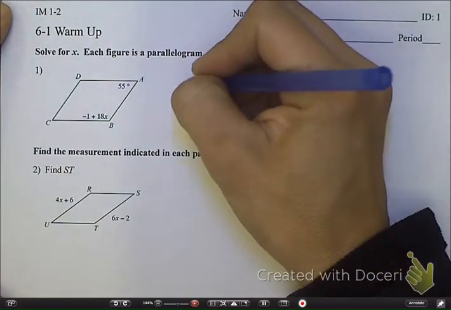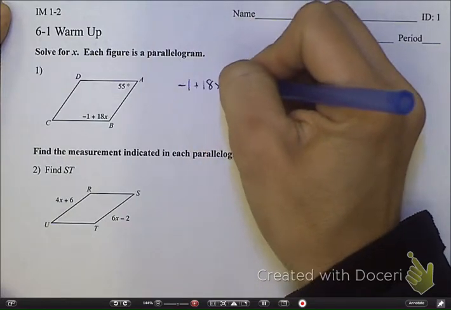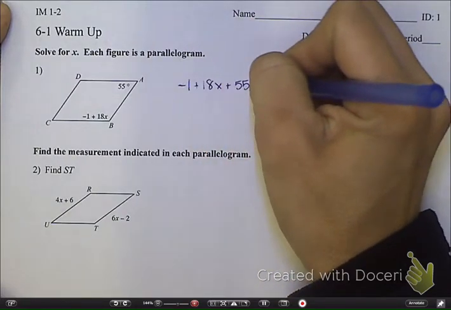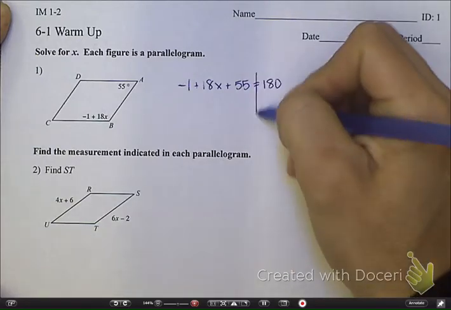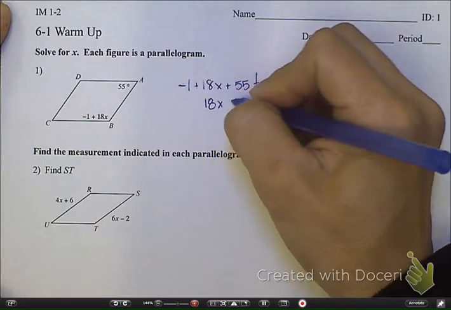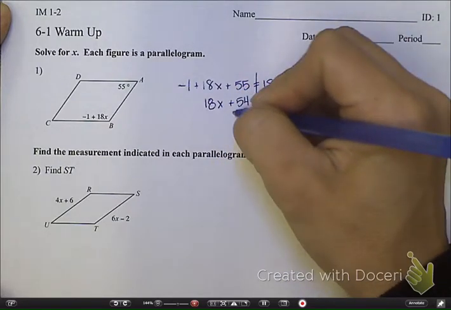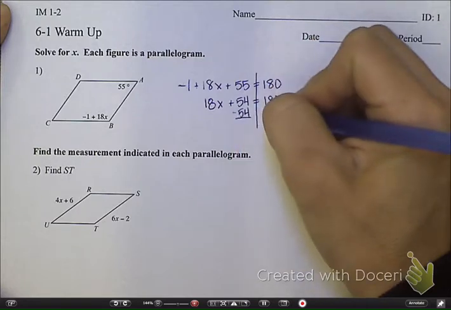So I'm going to do -1 plus 18x plus 55 and set them equal to 180 degrees. Okay, then I would just go ahead and solve this. So -1 plus 55 gives me 54. I'm going to go ahead and subtract 54 from both sides.